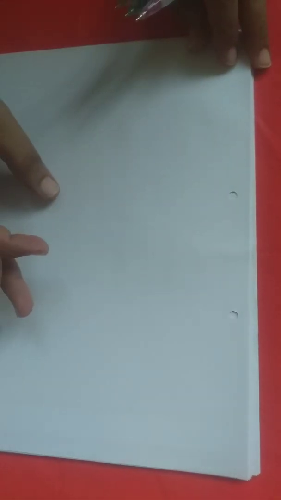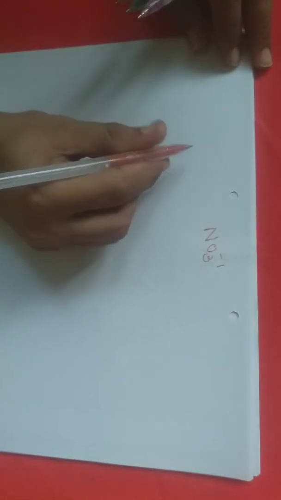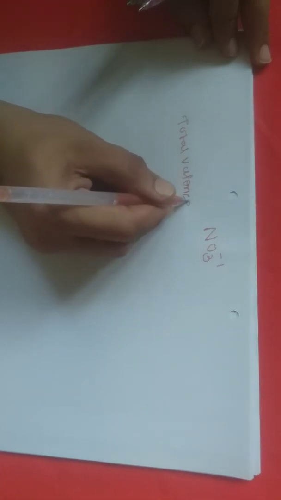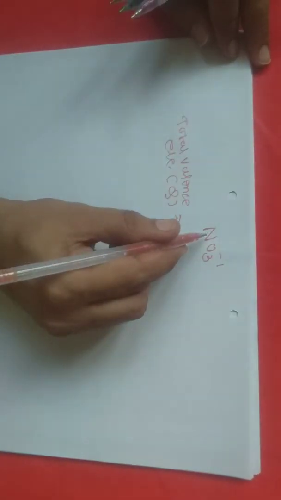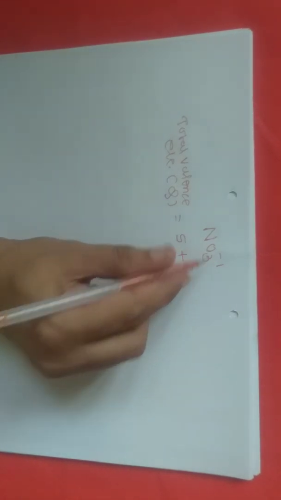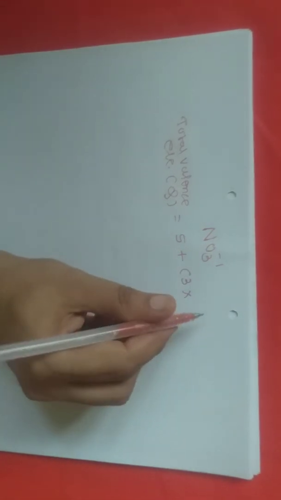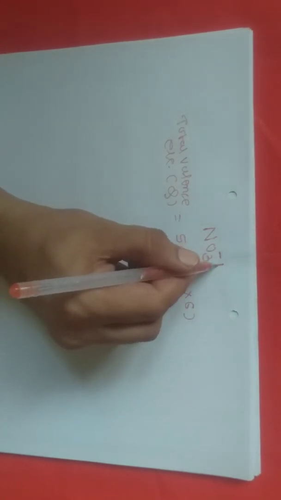Let's take one more example. Say now take NO3 minus 1. So total valence electrons, that is Q, is equal to nitrogen having 5 valence electrons because it belongs to group number 15, plus 3 oxygens, each oxygen having 6 electrons, and a -1 charge is there.